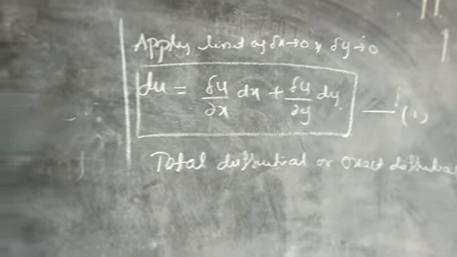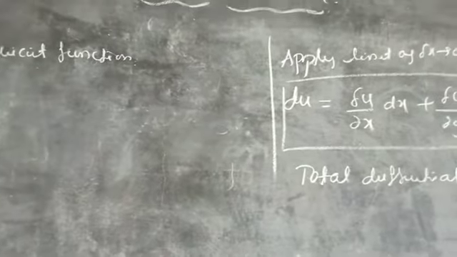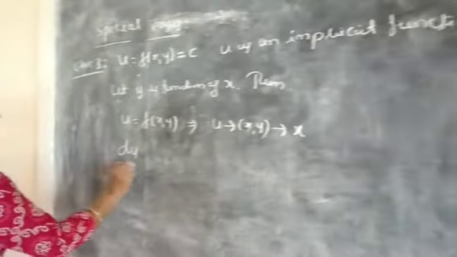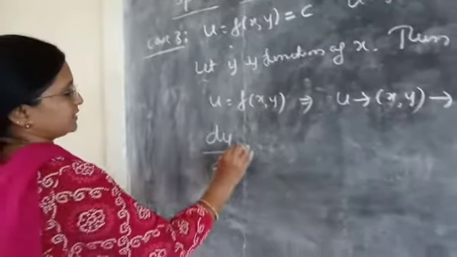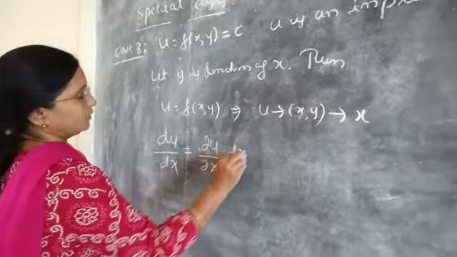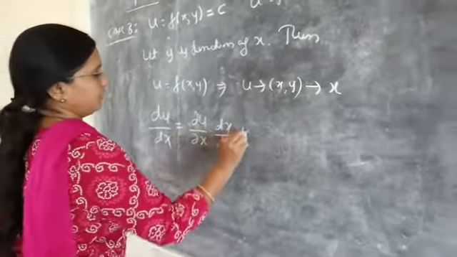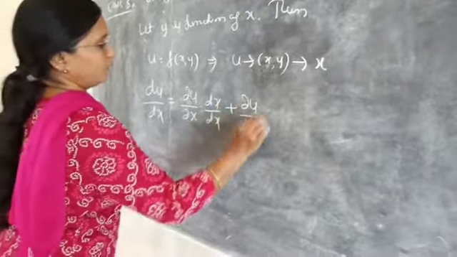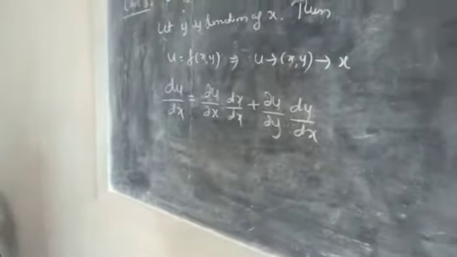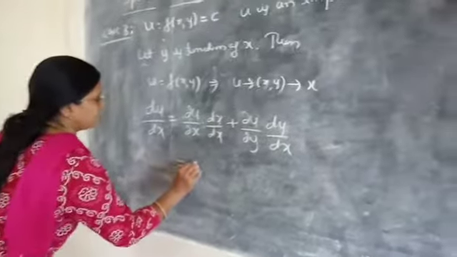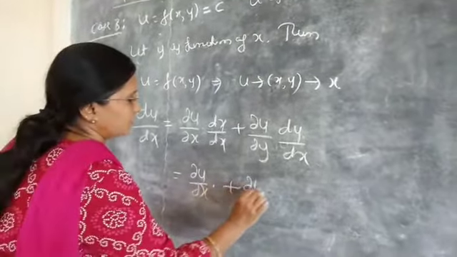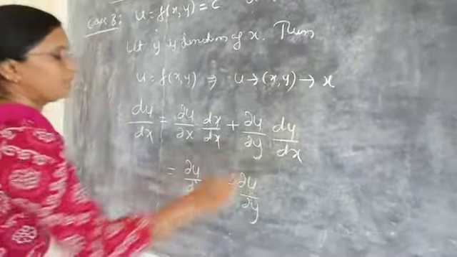Then du/dx = ∂u/∂x · dx/dx + ∂u/∂y · dy/dx. Now dx/dx is 1, so this is ∂u/∂x · 1 + ∂u/∂y · dy/dx.